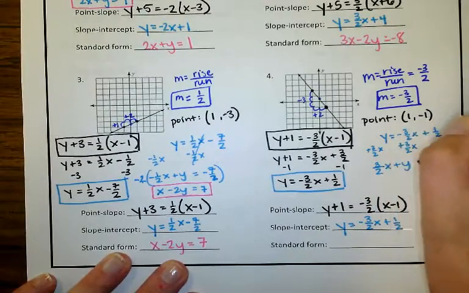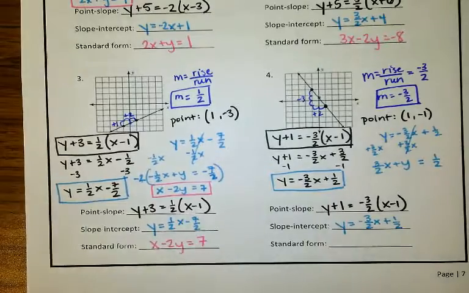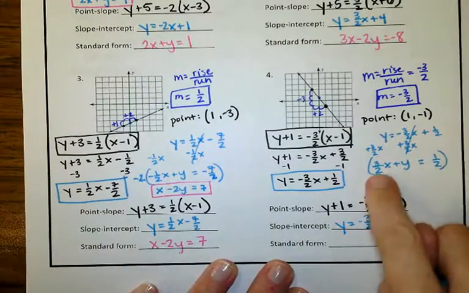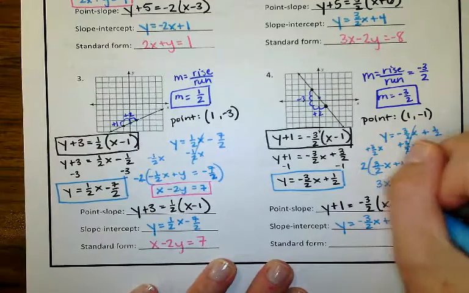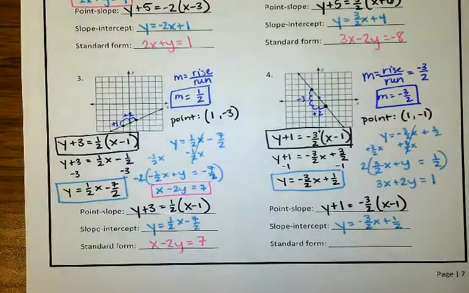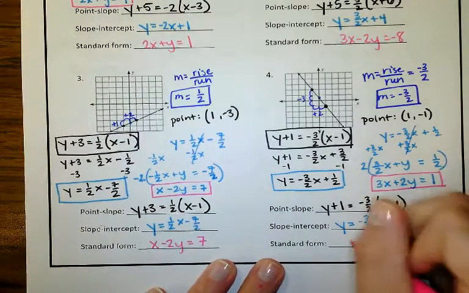And then our last little step here, it's not negative, but we still need to get rid of our fraction. So I'm going to multiply by my denominator, which is 2. So that becomes 3x plus 2y equals 1. So this right here would be the correct standard form. All right, 3x plus 2y equals 1.